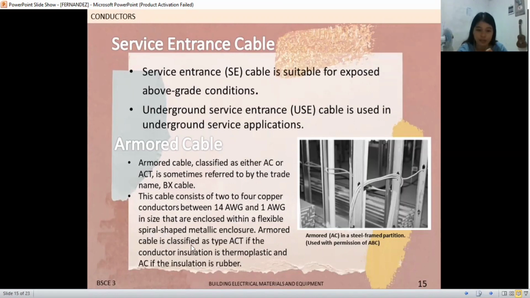Armored cable is classified as type ACT if the conductor insulation is thermoplastic and AC if the insulation is rubber. So these are the armored AC cables.